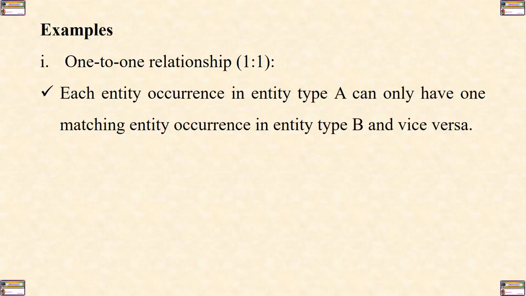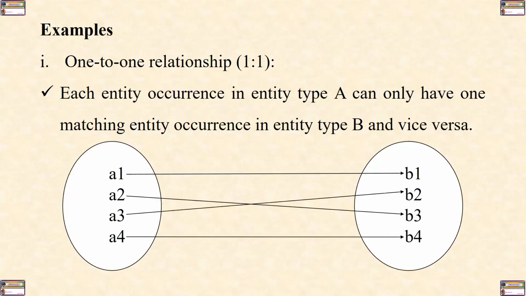1:1. One field in one table being related to one field in another table. And this is an example. So these are two tables. In table A, we have four fields: A1, A2, A3, A4. In table B, we have fields B1, B2, B3, B4.